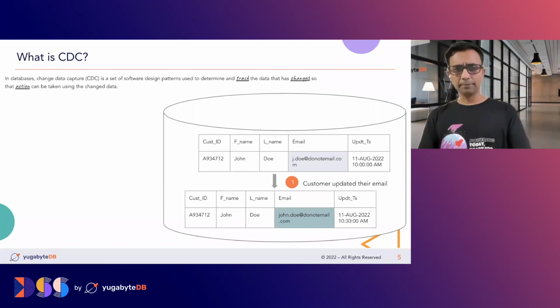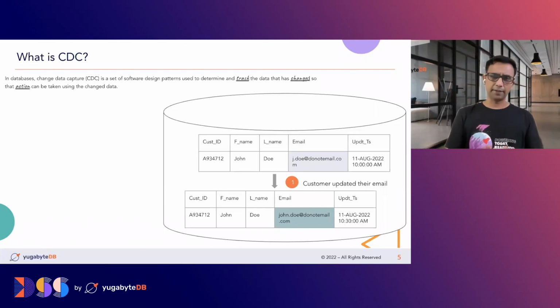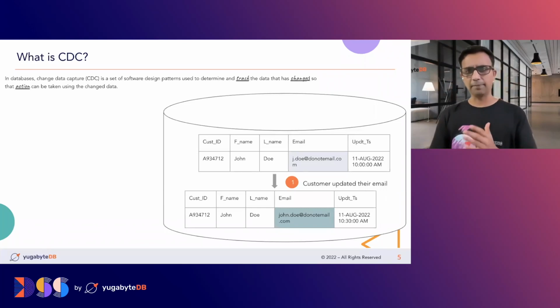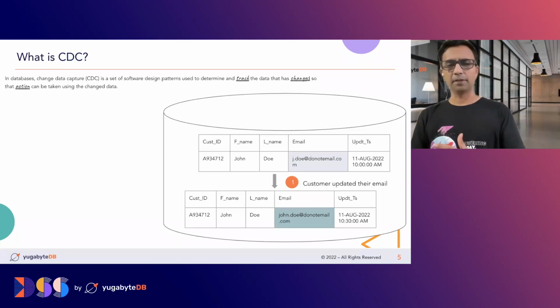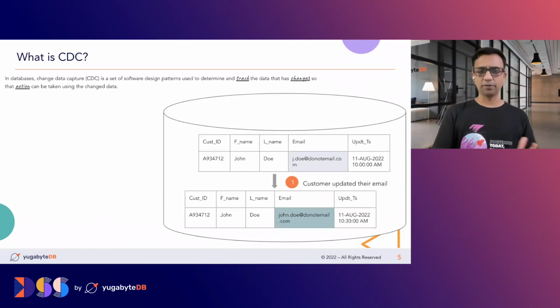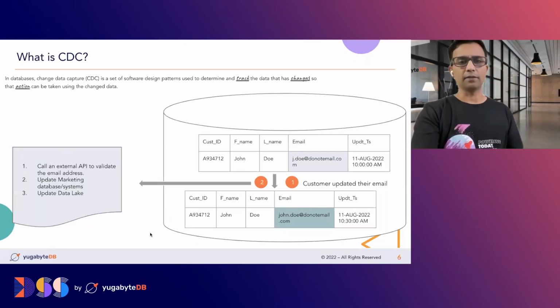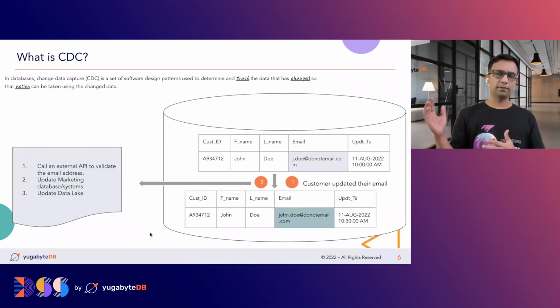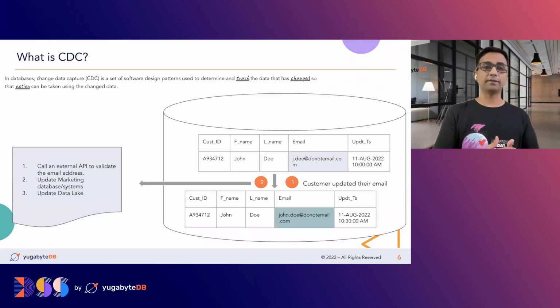Let's expand on that a little bit more with a very simple example. There is a table with customer ID, first name, last name, email, and update timestamp. The email changed from g.doe to john.doe, something like that. As soon as the change happens, we want to call an external API to validate that it is an email address, number one.